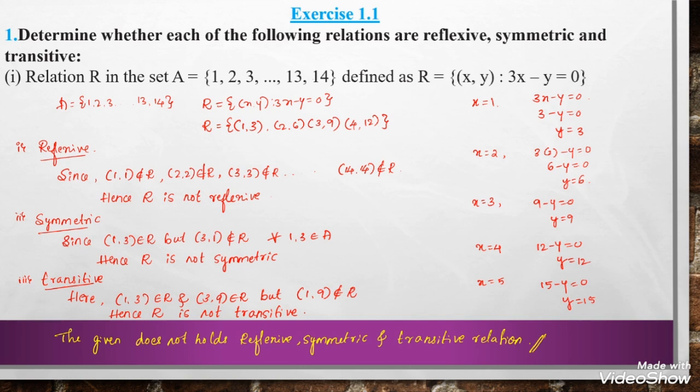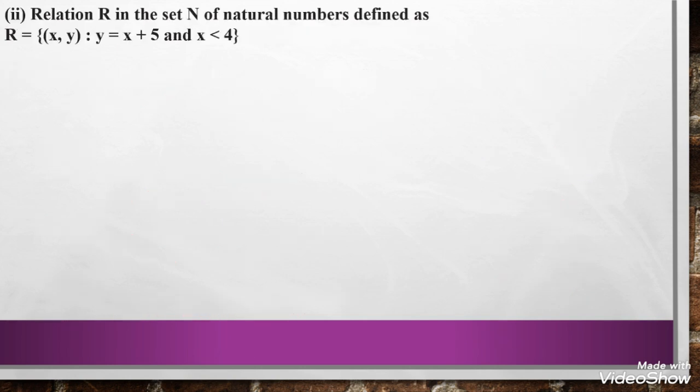Now let us move on to the second question. A relation R on the set of natural numbers is defined as R = {(x, y) such that y = x + 5 and x is less than 4}.